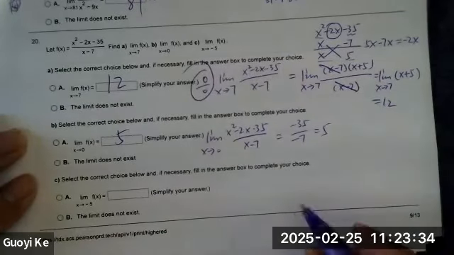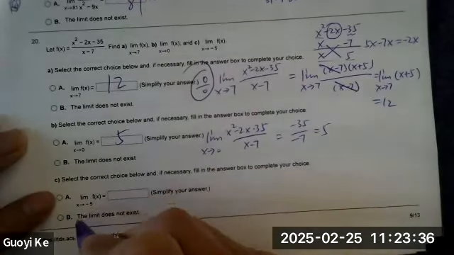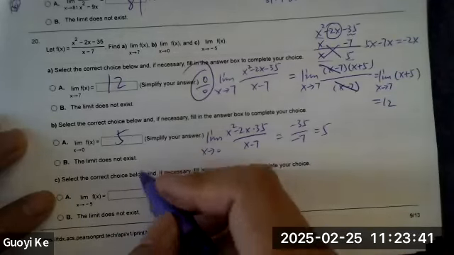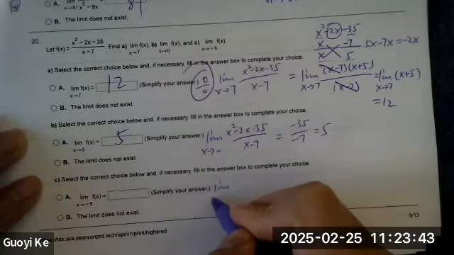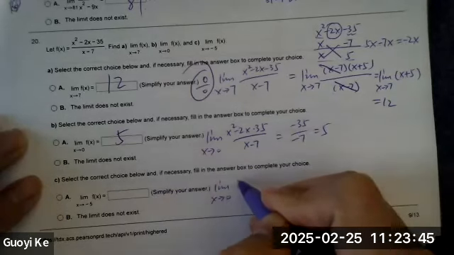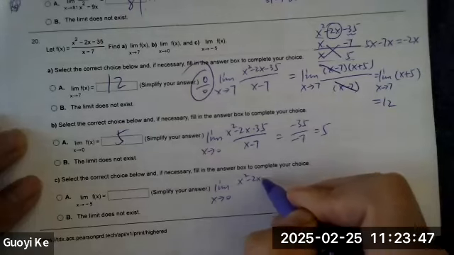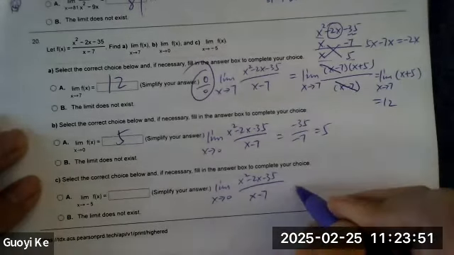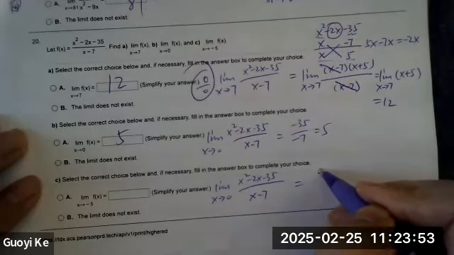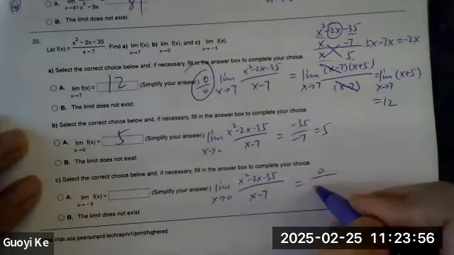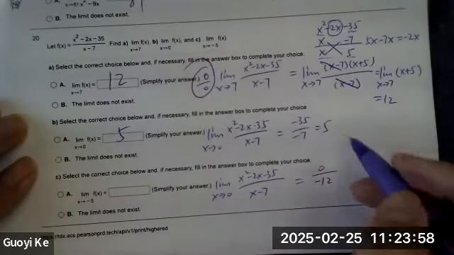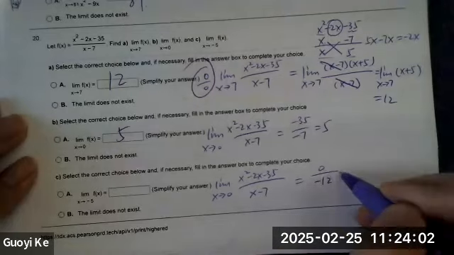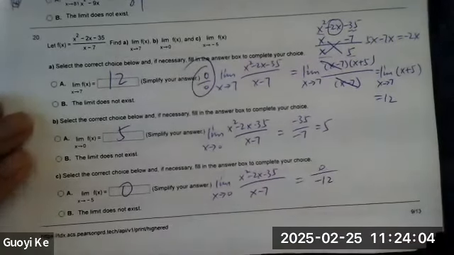And for the last one, you plug in negative 5 here. And you will get the denominator is negative 12. The numerator is 0. You will get 0.